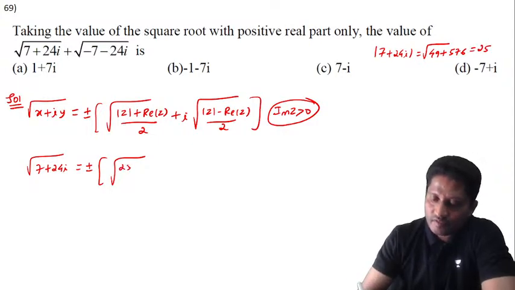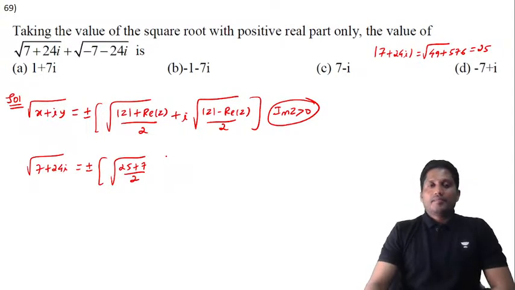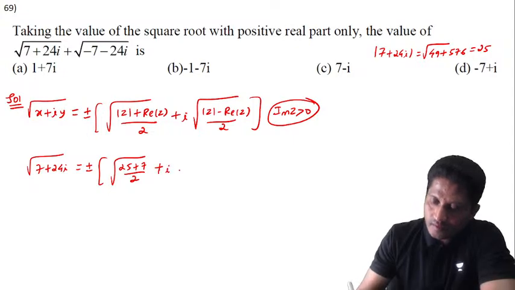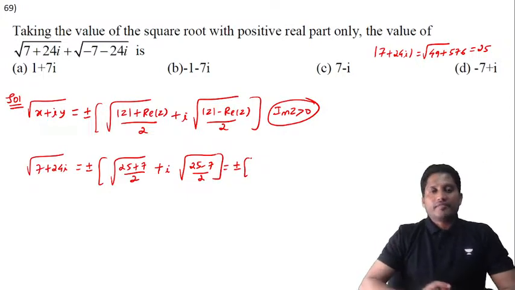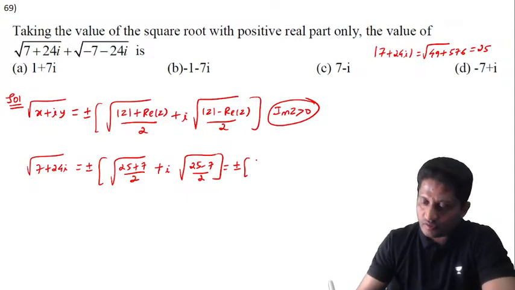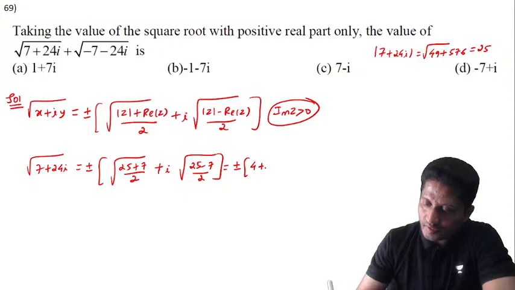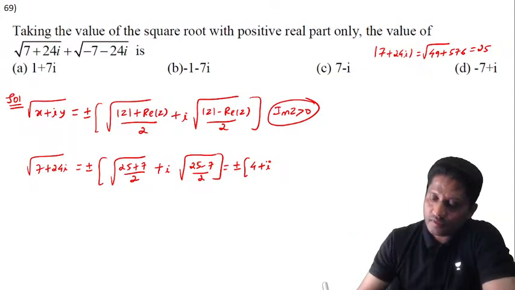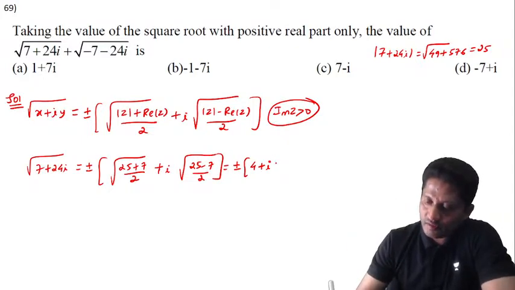Then 25 + 7 is 32, 32 by 2 is 16, root of 16 is 4, plus i times root of 9, which is equal to 3.